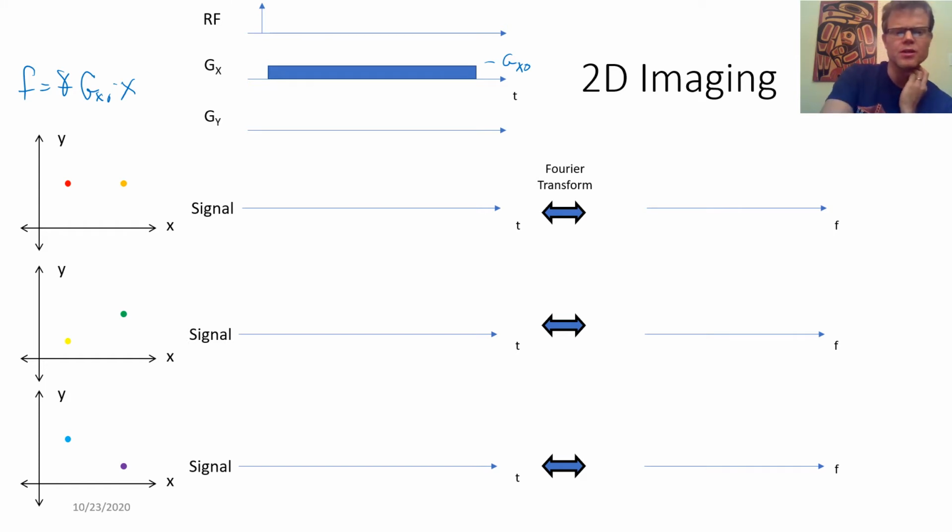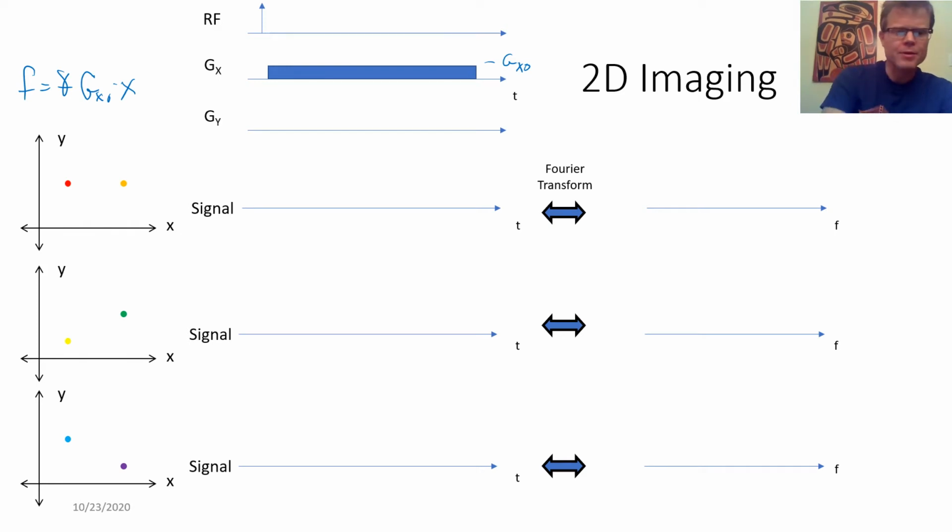Okay, and what you can see in all these objects is there are two positions in x. And I'm just going to draw these as the real part just for simplicity in this example. But in reality, it's a complex exponential.